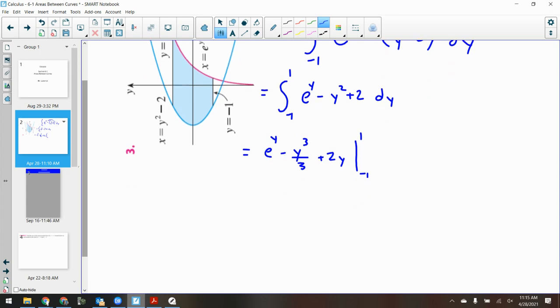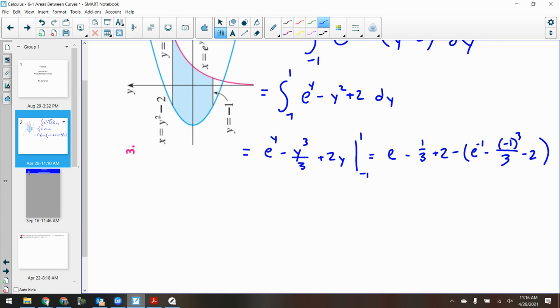So that means I'm going to take e minus 1/3 plus 2 minus, and all I'm doing there is just plugging in 1, right? e to the first minus 1 to the third over 3 plus 2 times 1. Minus, and now this is e to the -y, oh, no, sorry, e to the -1, minus -1 to the third over 3, minus 2.